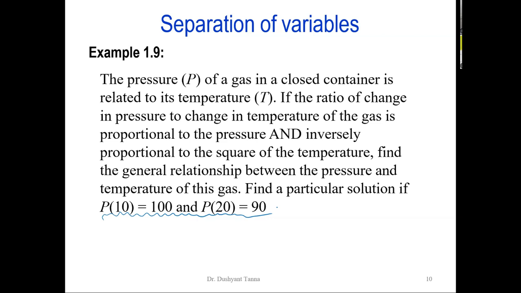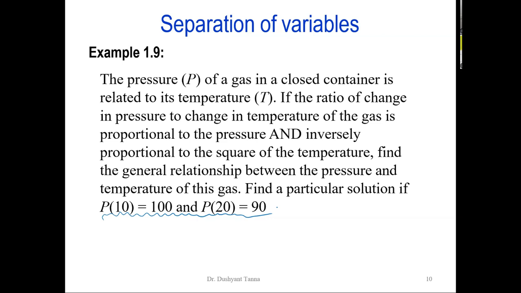Now it says further how they are related. The ratio of the change of the pressure to the change of temperature. So again, I will stop reading here. Ratio means division of change of pressure. What do you mean by change of pressure? dP. Change of anything is d of that variable.